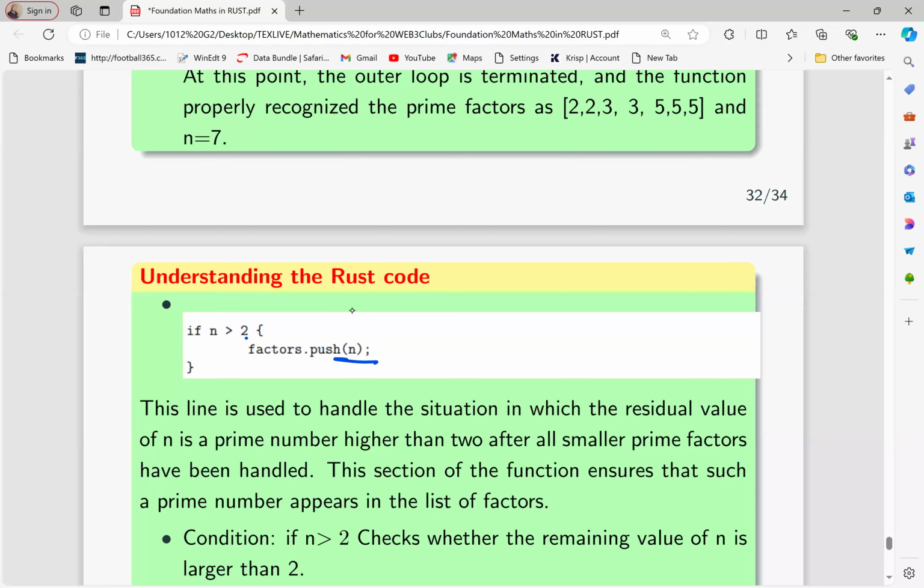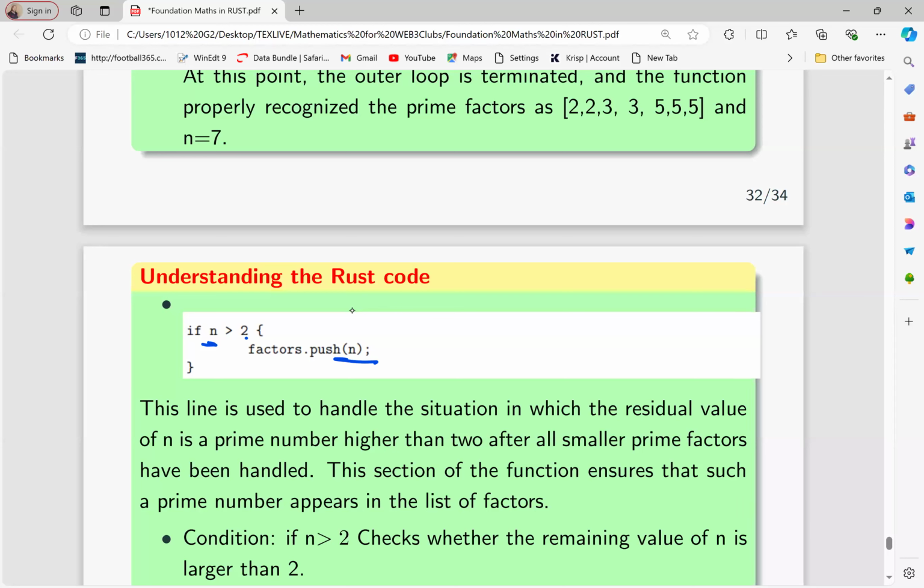Because we've tried all factors from 2 to the square root of n. So far, we've tried that from 2 to the square root of n, and we found that we are left with a number which is greater than 2. So it means that number must be a prime number. That is the condition.